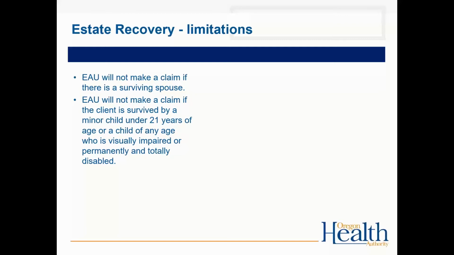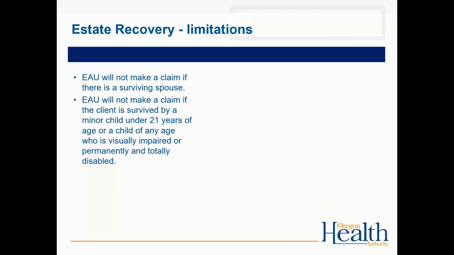So what we wanted to call out is that estate recovery only applies to those who are in long-term care services. It doesn't apply to any of the other programs. It's only if somebody applies for, is evaluated for, and ends up with long-term care services. And if that person passes away and estate recovery comes into play, the estate recovery unit will not make a claim if there's a surviving spouse.